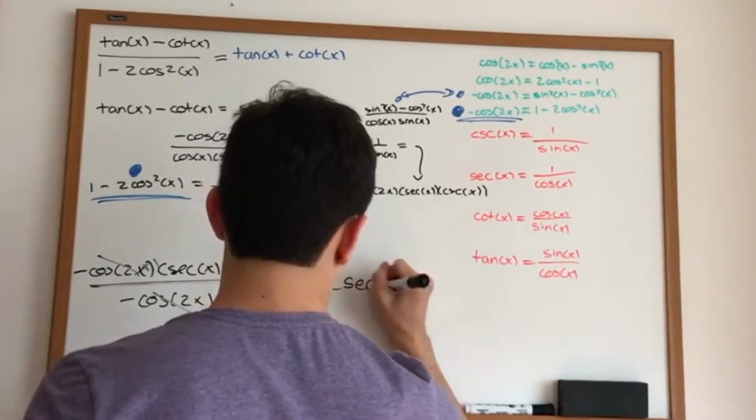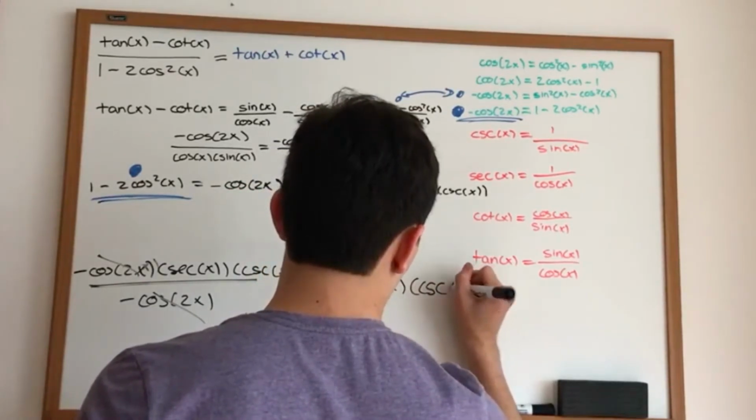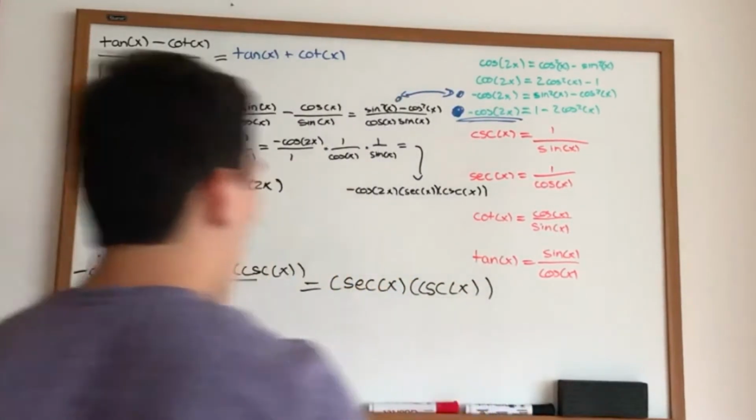We get that the final answer is secant of x times cosecant of x, as both cosines will cancel each other.